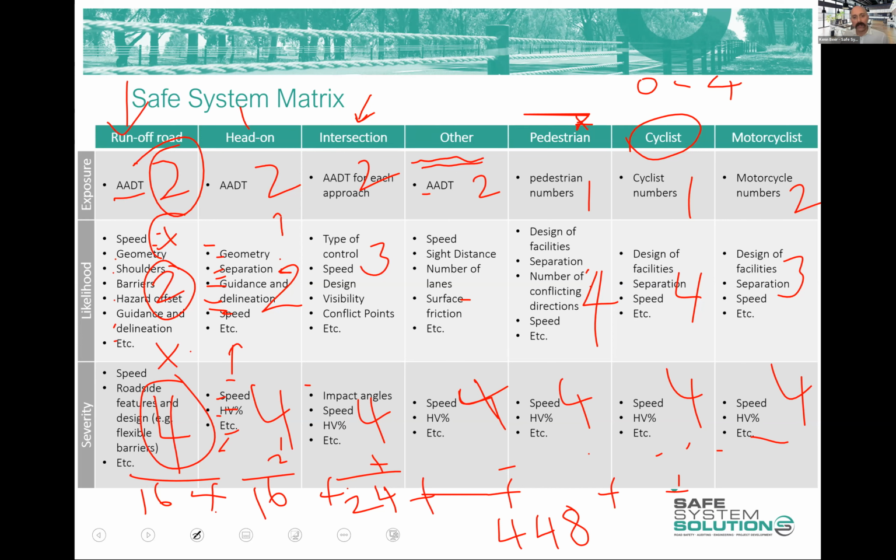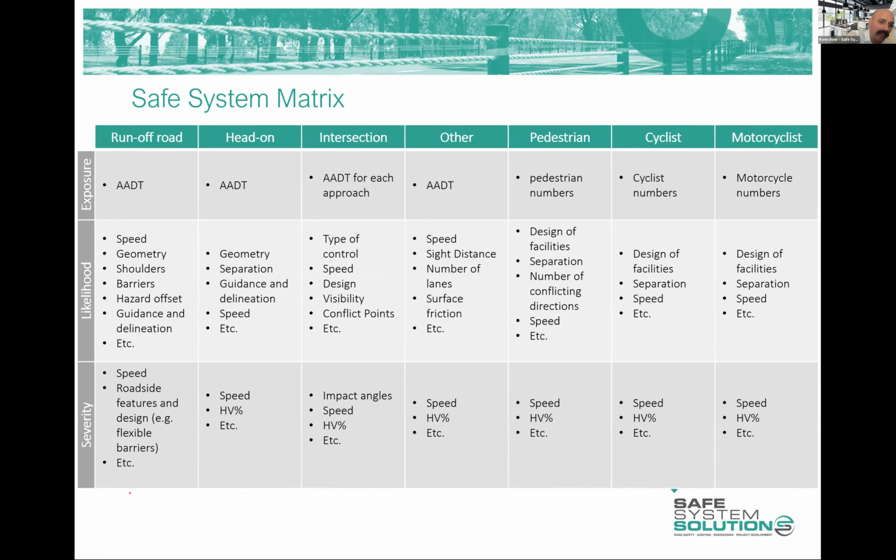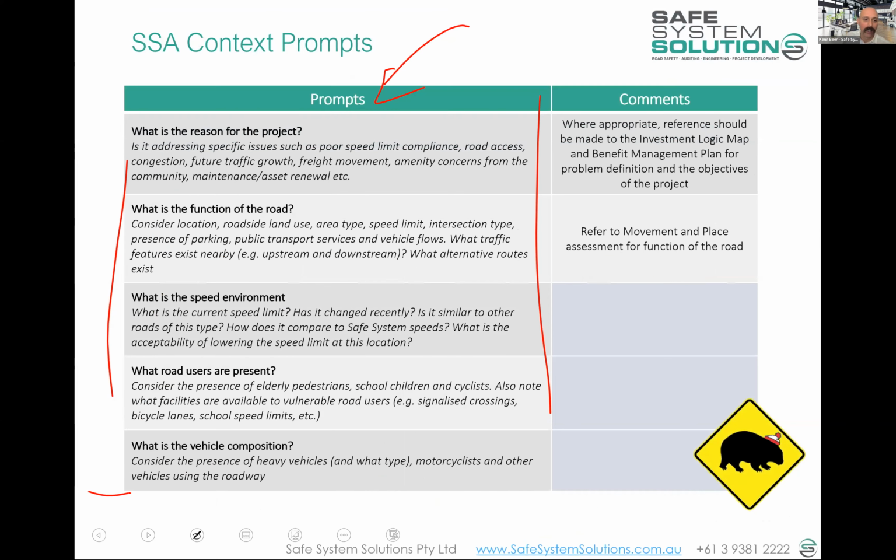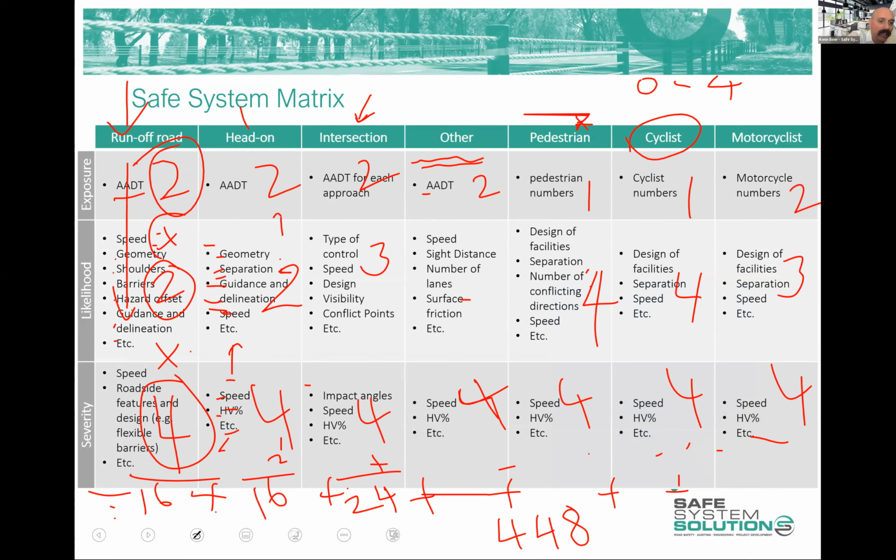And your final score out of 448 is the addition of all of these crash types. So multiply this way and add, and then add across. Okay, I've sort of unleashed a lot of how you do the matrix on everybody there.